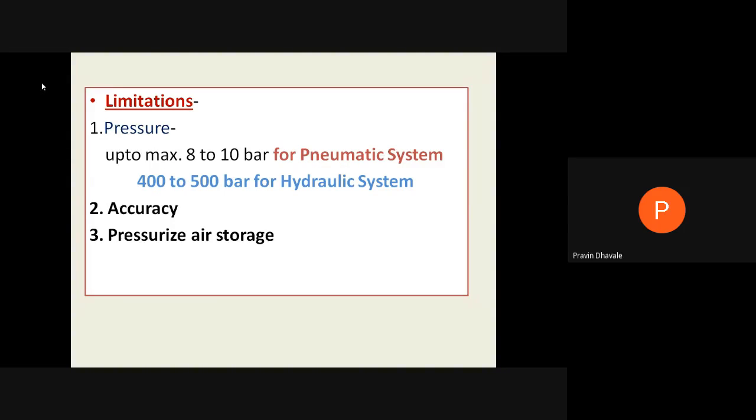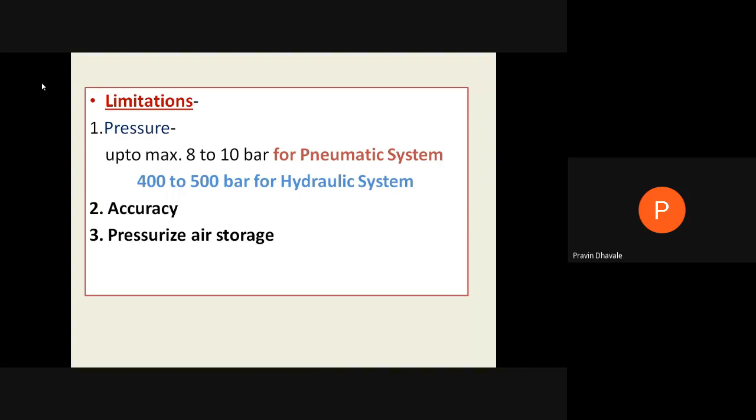So these are the certain limitations of the pneumatic system. If you discuss the first limitation, that is the pressure. In case of pressure, there will be a limitation for a range of pressure up to maximum 8 to 10 bar.